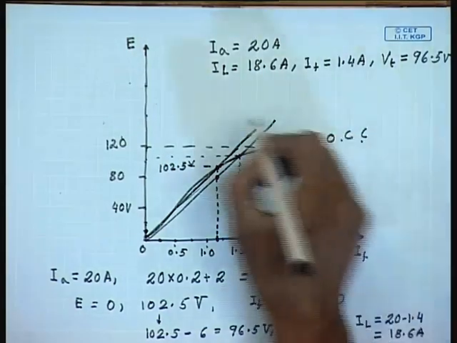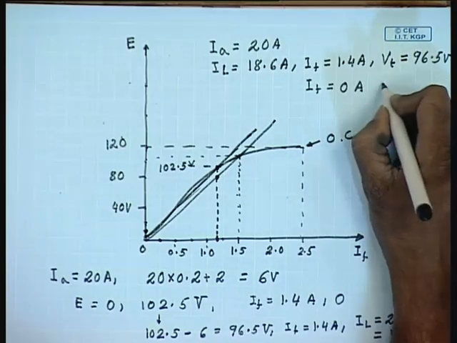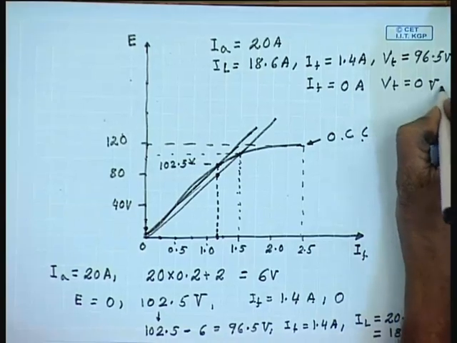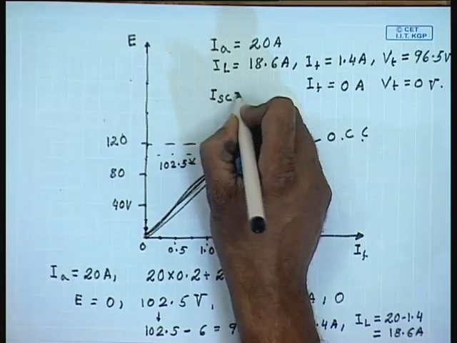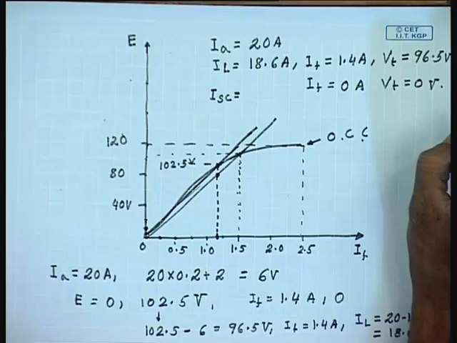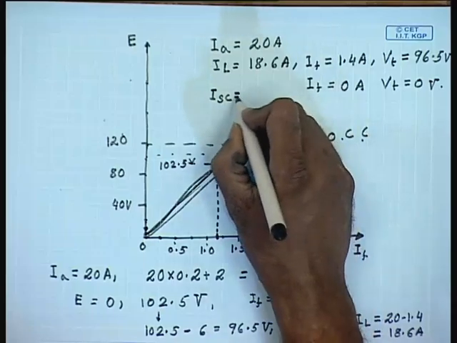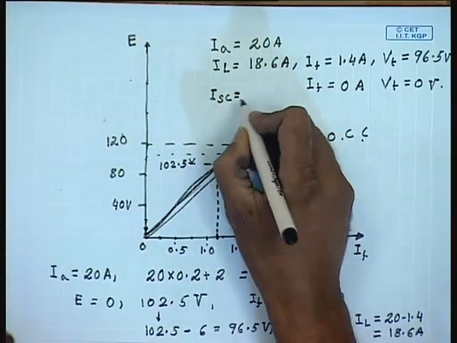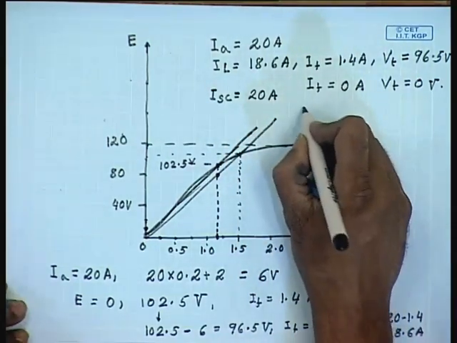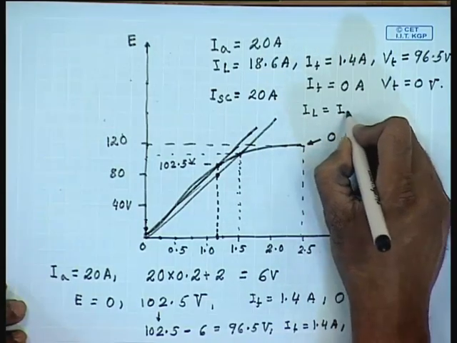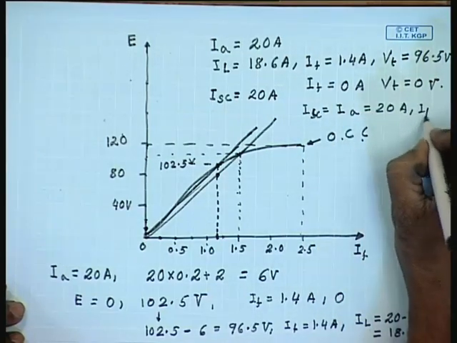The other point is IF equal to 0 ampere, Vt equal to 0 volt, and of course Isc equal to 20 amperes, since IF equal to 0, IL equal to IA equal to 20 ampere.